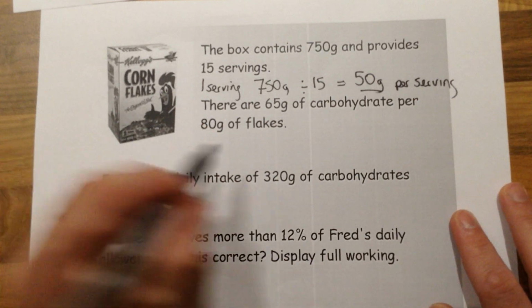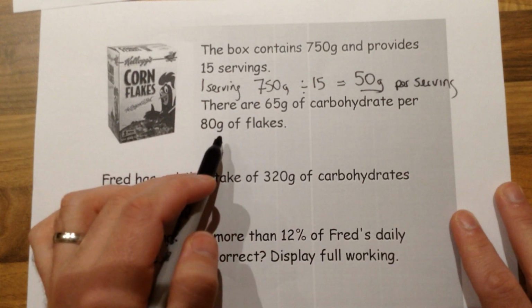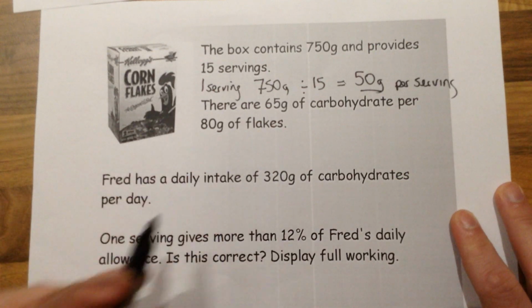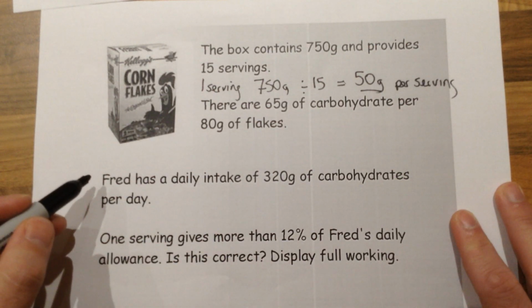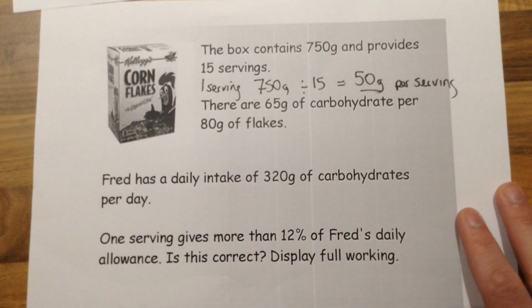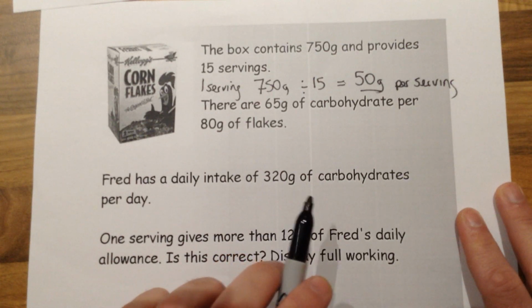Second part of the question says there are 65 grams of carbohydrates per 80 grams of flakes. So at this point, I'm going to read on because I'm not entirely sure what it wants me to do yet. So Fred has a daily intake of 320 grams of carbohydrates.